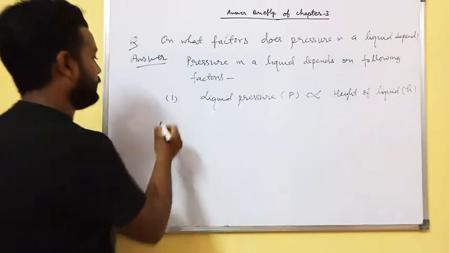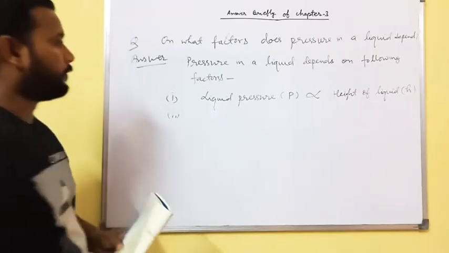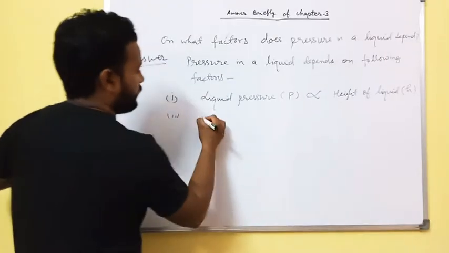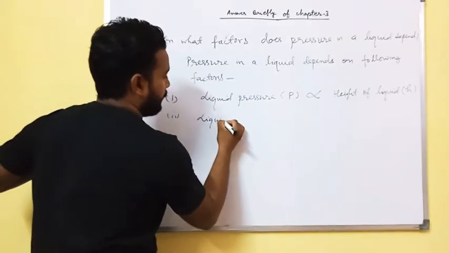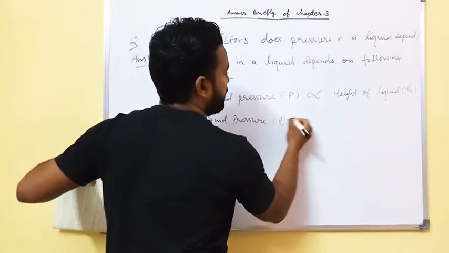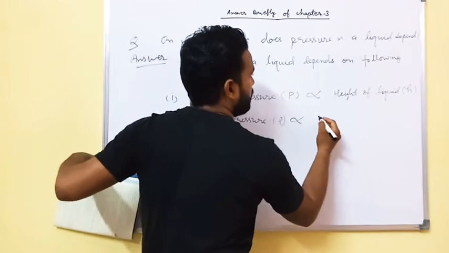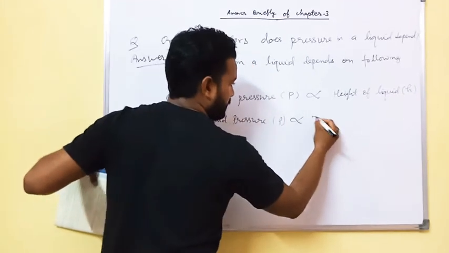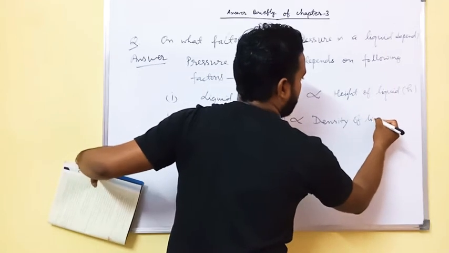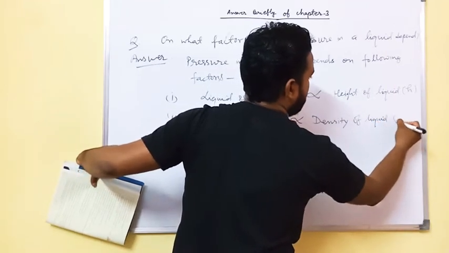Now second, liquid pressure P is directly proportional to rho, the density of liquid.